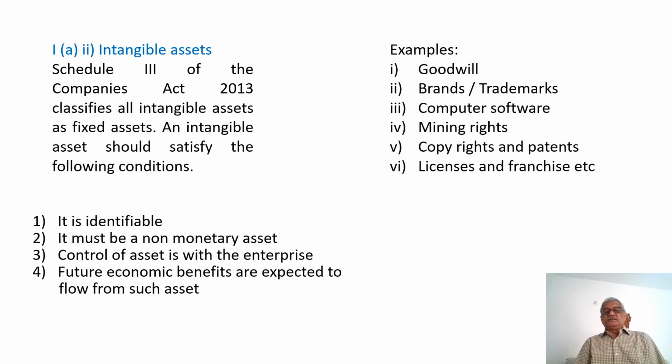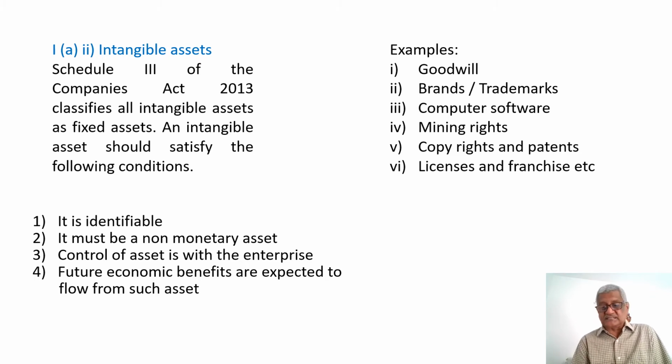Now, having understood the tangible fixed assets, let us now understand the intangible assets. Schedule 3 of the Companies Act 2013 classifies all intangible assets as fixed assets. This is one change which had happened in the Companies Act 2013. An intangible asset should satisfy the following conditions.